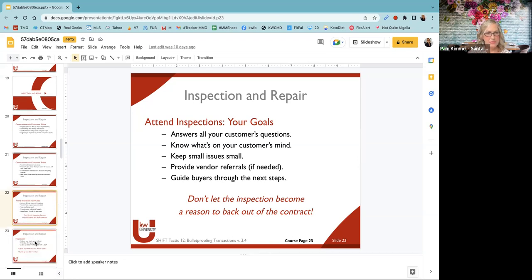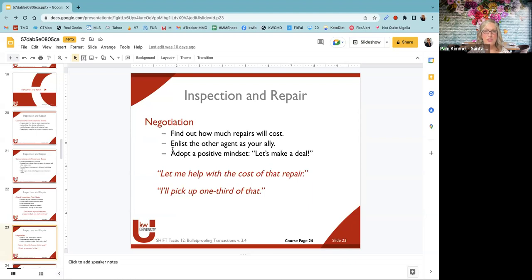All right, here. So find out how much repairs will cost. One of the things that I have learned over time is that we get an estimate from the pest inspector, and the pest inspector's estimate, I feel like, tends to be on the high side. And the reason, I was told by Clive, is that I'm not really in the business of doing repairs. That's not really my business.